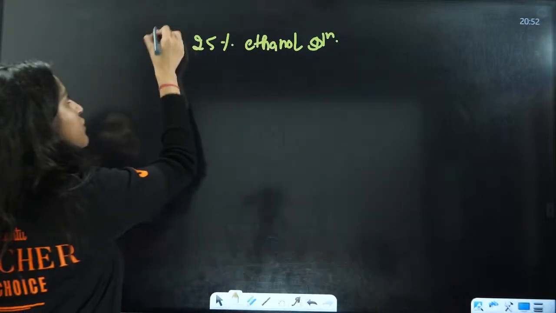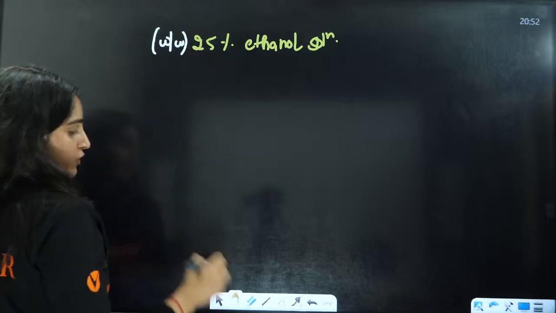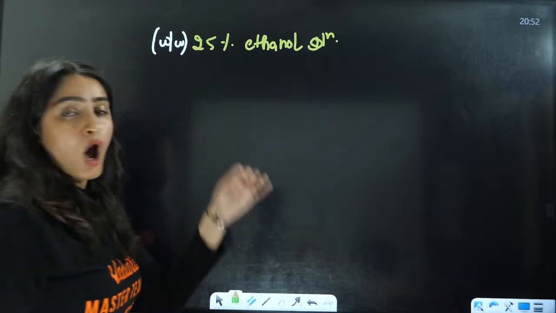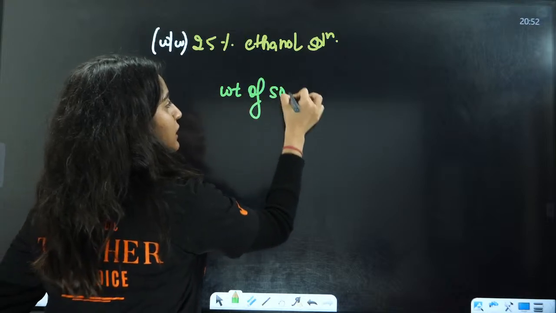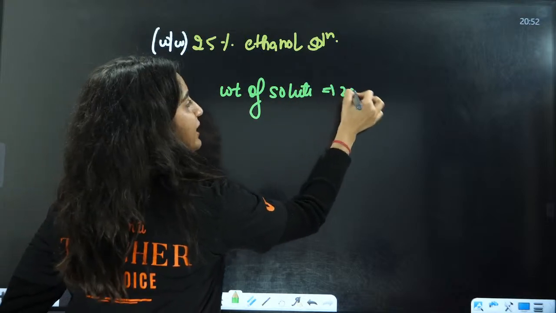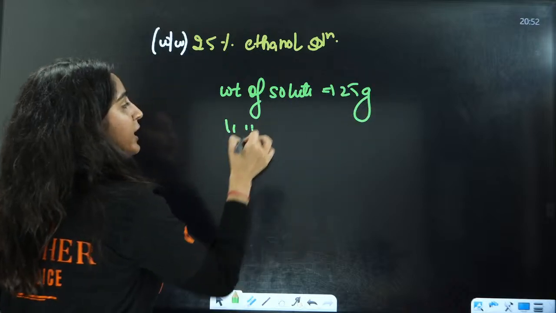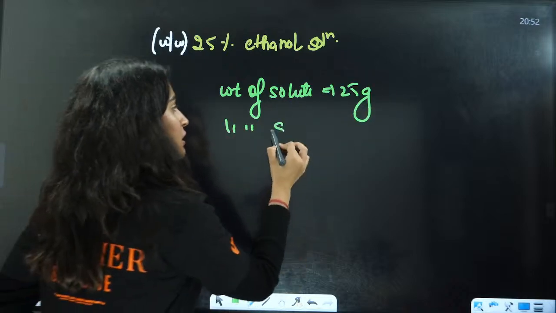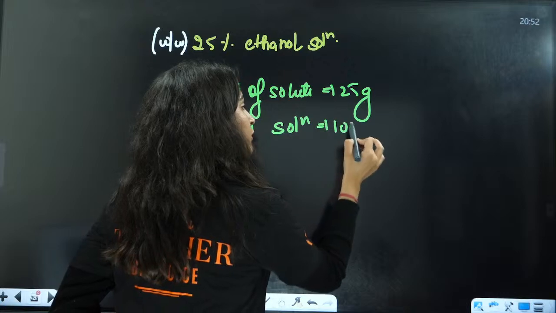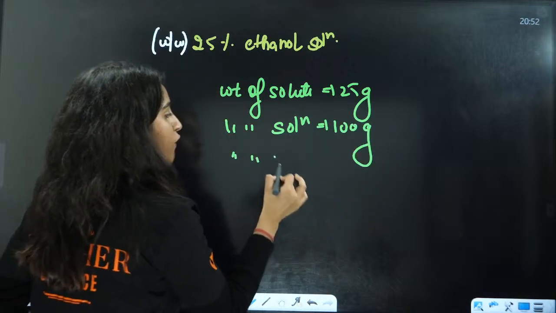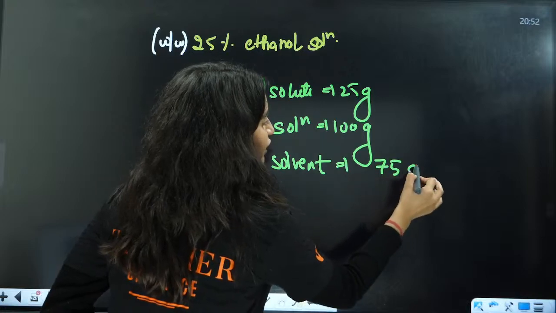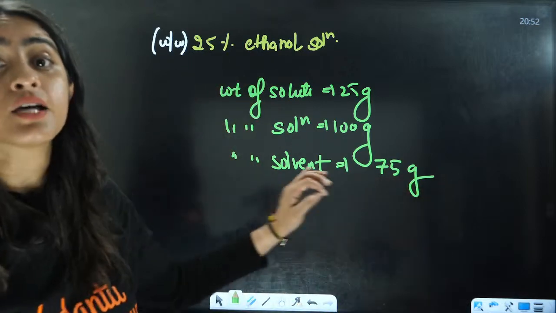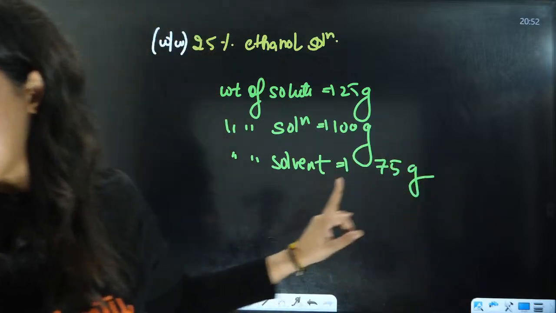So now this is the weight by weight percentage they have given. Now how to decode this? This means they have given you weight of solute, that is 25 grams. Weight of solution, that is 100 grams. Weight of solvent, that is 75 grams. All these things you can decode from this, right?